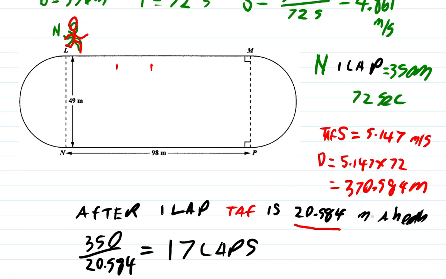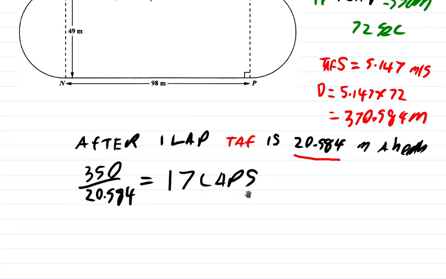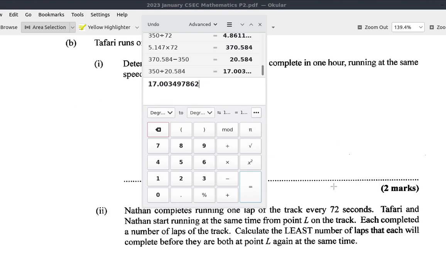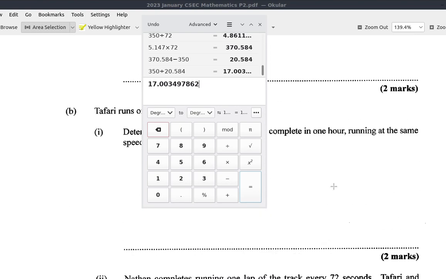So that's that, 17 laps. So that's what would be required. So 17 laps would be the answer for, what was it again? Question 6b3.